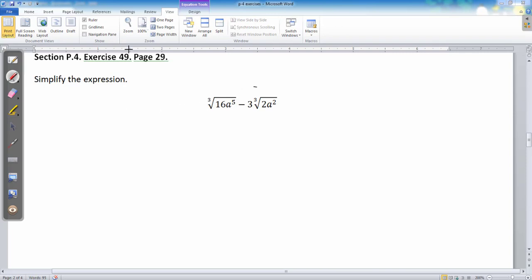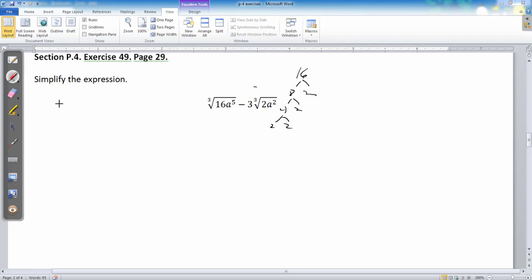radical expressions, you need to simplify the radicals first. So if you break down 16 is 8 and 2, 8 is 4 and 2, 4 is 2 and 2.